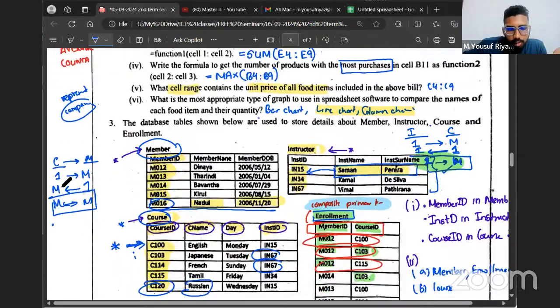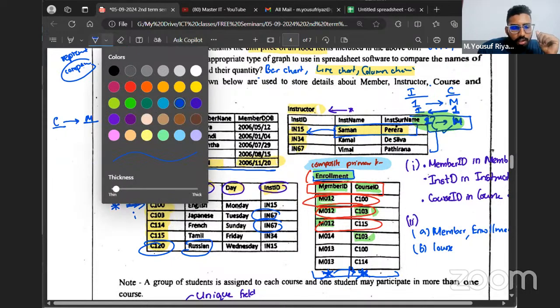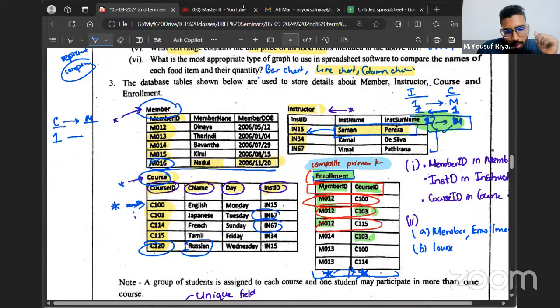Again, I tell you. If you take one course, how many members can enroll? Only one member or many members? Take one specific course. How many members can join that course? Only one person? No, many people can join that course.